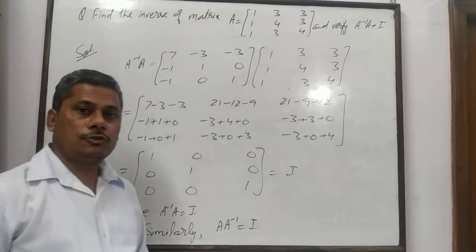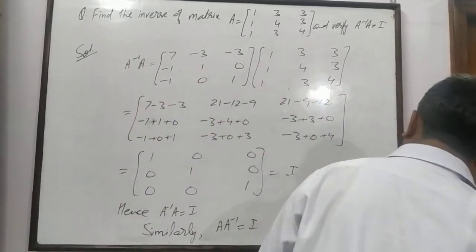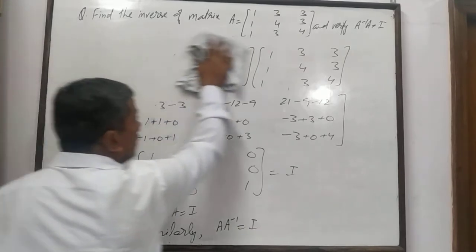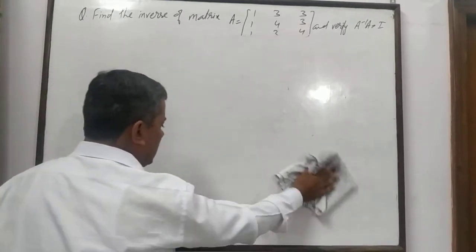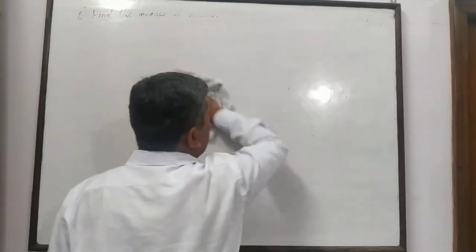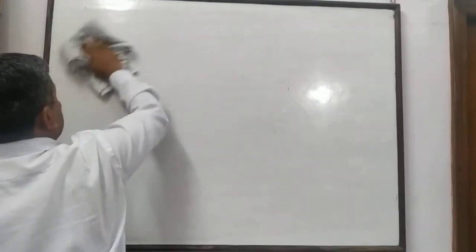So this is one kind of question where we find the inverse of a matrix by finding the adjoint of the matrix. The next kind of question is where we verify that (AB) the whole inverse is equal to B inverse A inverse. That is, in the second kind of questions, we verify the reversal law.